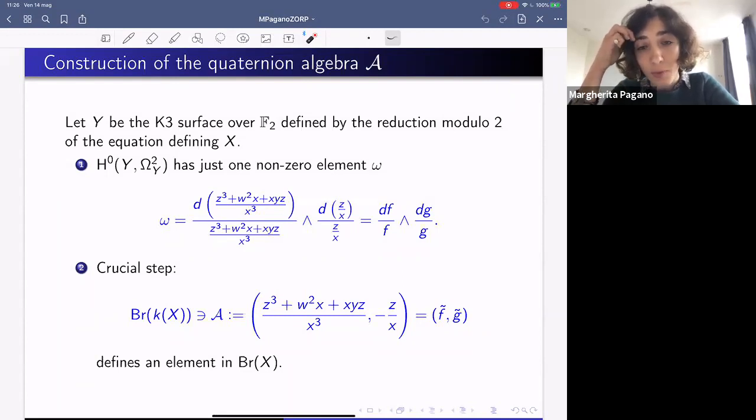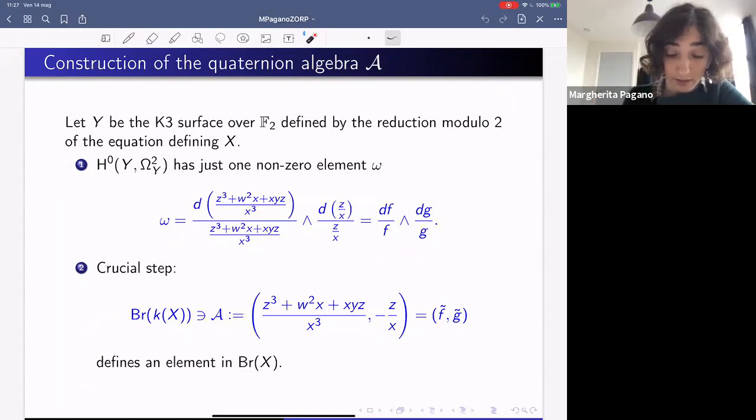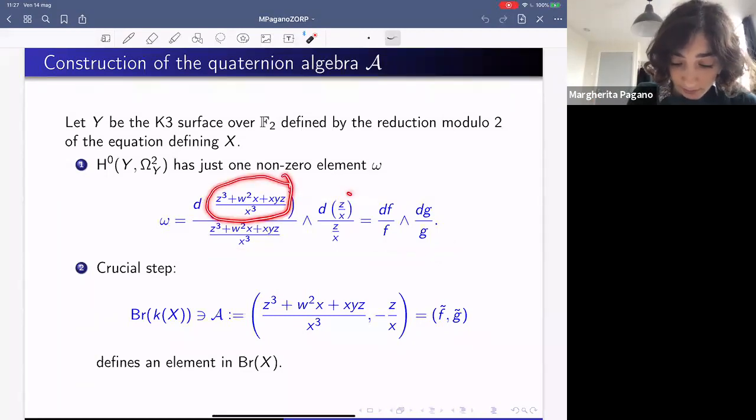And one can actually write down, at least locally, how omega looks like. If one goes through the definition, it can be proven that omega is of the following form: df over f wedge dg over g, where this is f and this is g.